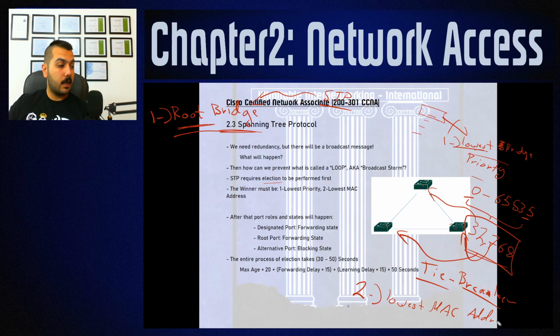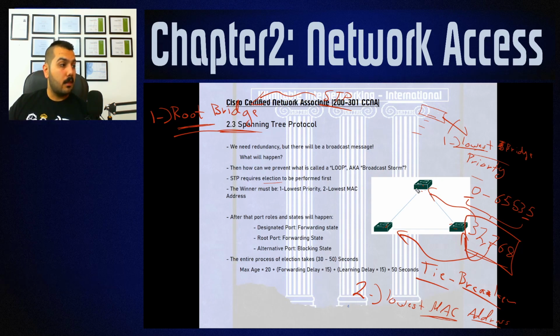I really love MAC addresses because in spanning tree and in IPv6 they always save us, because MAC addresses never get duplicated. Each one of these 3 new out of the box switches came manufactured with a unique MAC address. So the lowest MAC address will win the election.